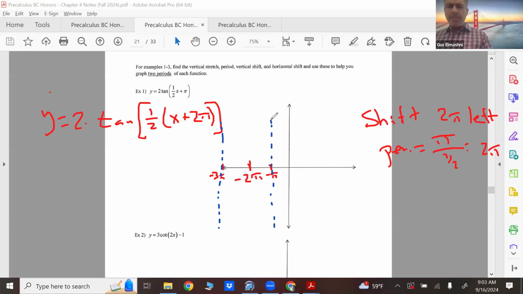If I plug in negative pi, I get pi on the inside. Then I get pi over 2. What's tangent of pi over 2? It's undefined. So it should be. And if you plug in values close to negative pi, like say negative 3.11, whatever, y is going to start shooting up. As you get closer to the asymptotes, y goes up towards positive infinity, down towards negative infinity.